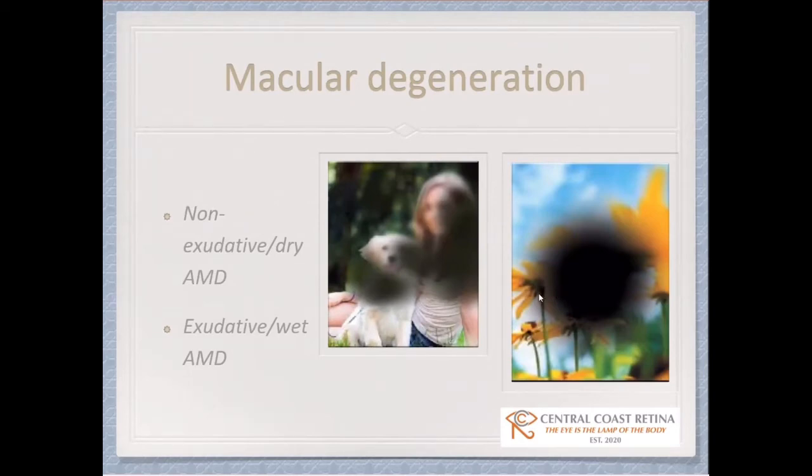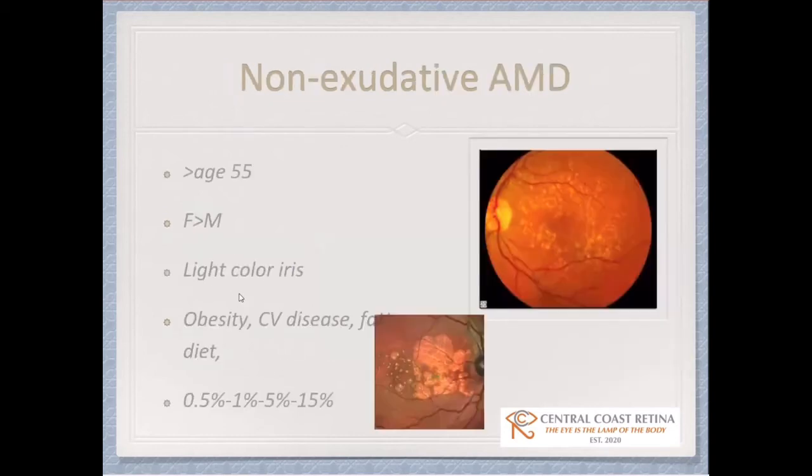There's two major categories of macular degeneration, what we colloquially call dry and wet, or non-exudative and exudative. And I'll cover these here briefly. So again, it's an age-related disease. It's much more common in women than men, and in light color irises, and that has to do with more UV light exposure through light color irises.